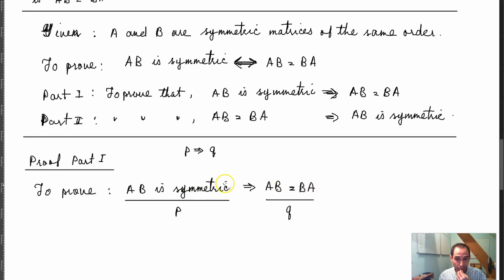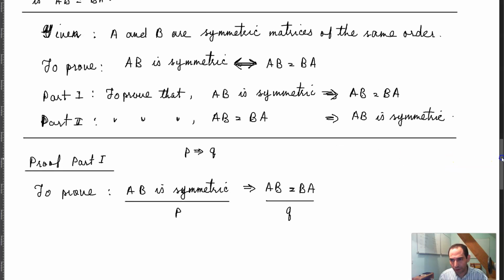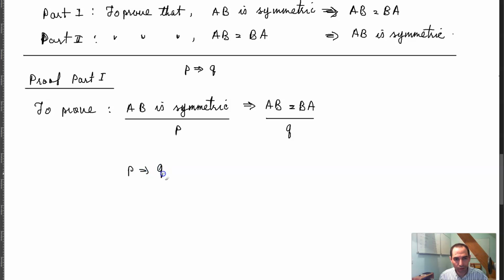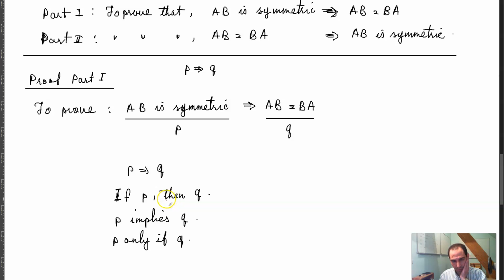Now, to prove a statement of this form, P implies Q, you can read it in many different ways: if P then Q, P implies Q, P only if Q. There are even a couple more ways to say it.